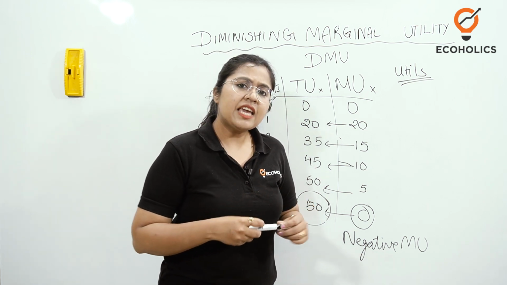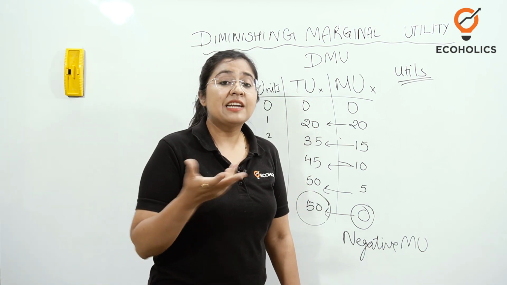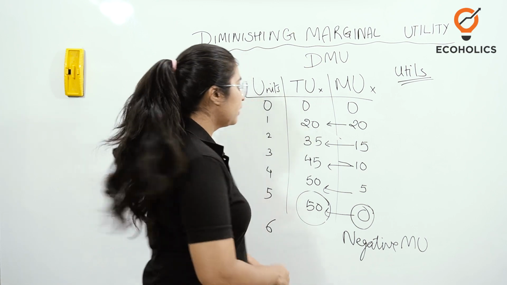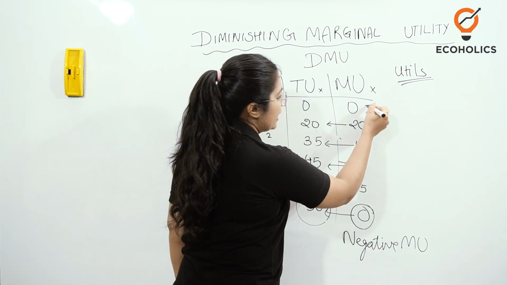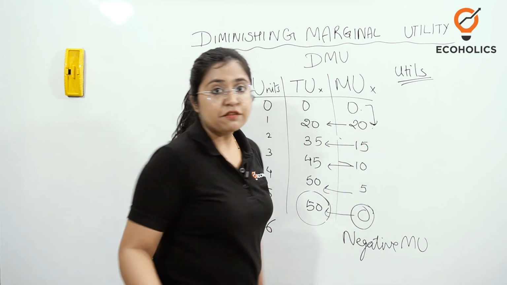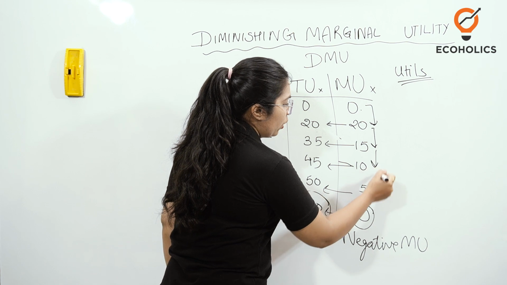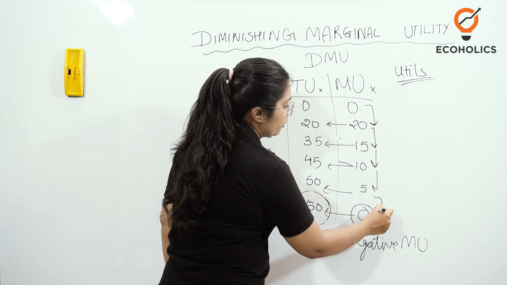Now let's make a diagram out of it so as to understand why we say diminishing marginal utility. Over here we are looking at these additions that we have started off making, from 0 to 20. Yes, of course it's an increment. However, these increments show a decreasing rate of increment.